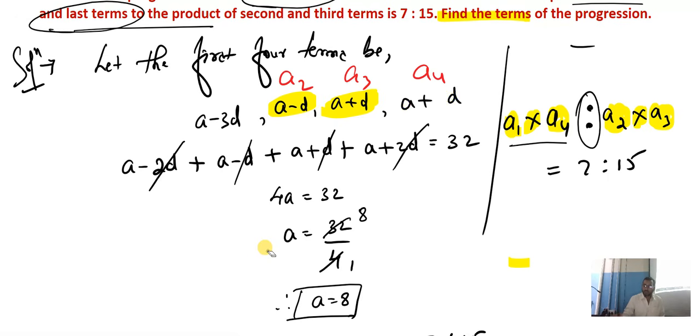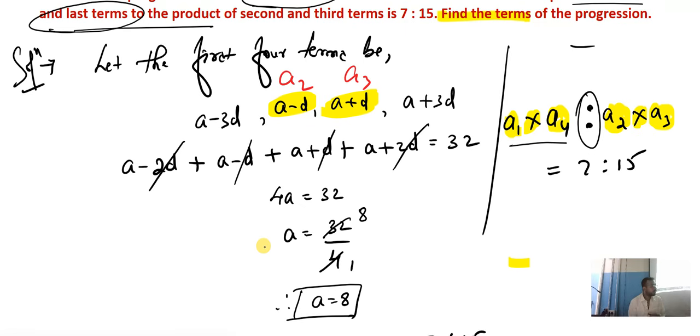Instead of A plus 2D, you should take A plus 3D. This is the change you are supposed to do. In any step, if you find this type of error, then you have to change your assumption.